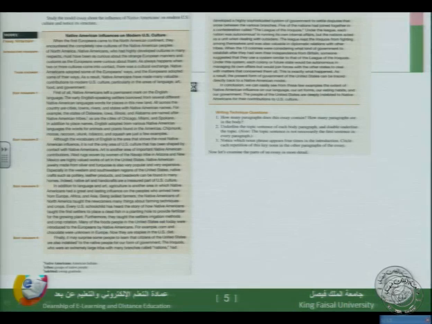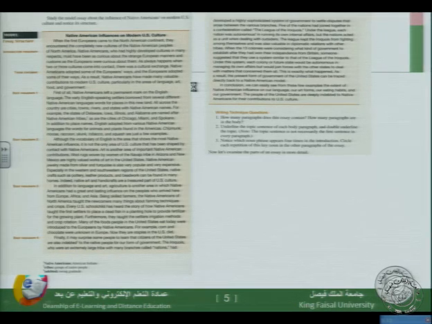I have taken all of them from your textbooks, to apply the theories, the strategies, and the skills that we have learned. Study the model essay about the influence of Native Americans in modern USA culture and notice its structure. By the way, I have explained this example to you before, but again, I'm going to do it again to assure you about the answers.